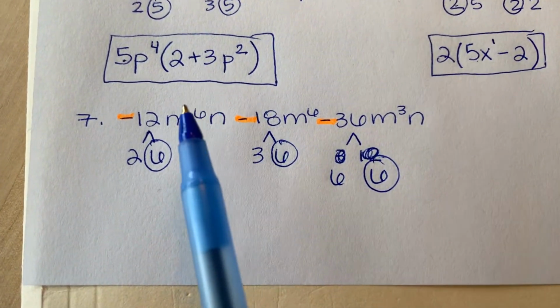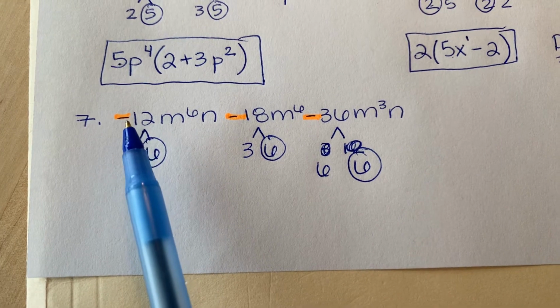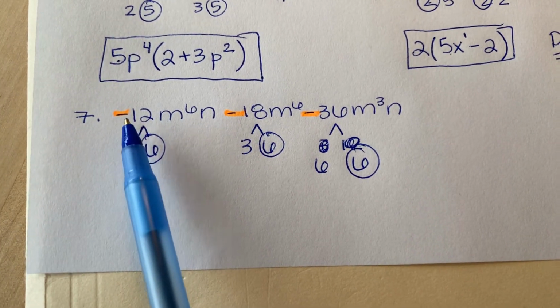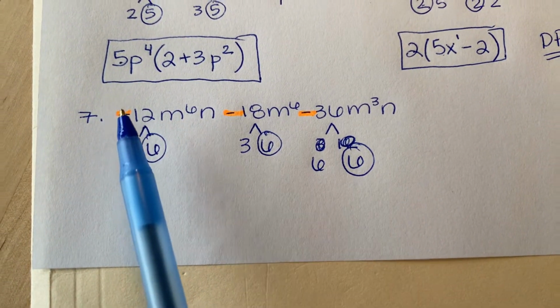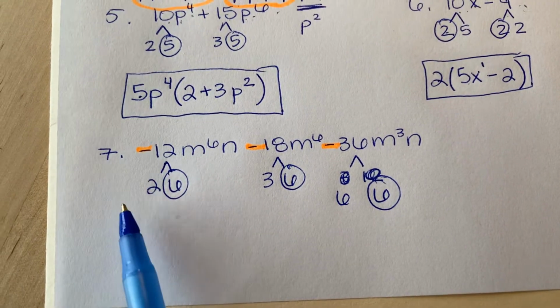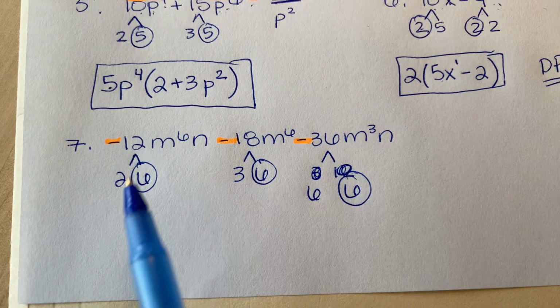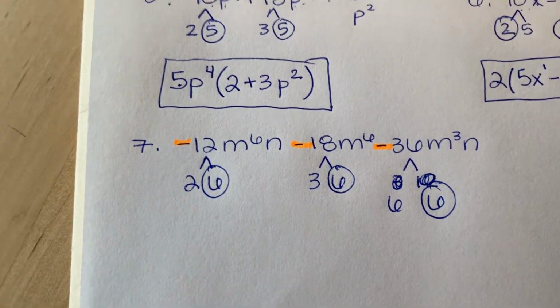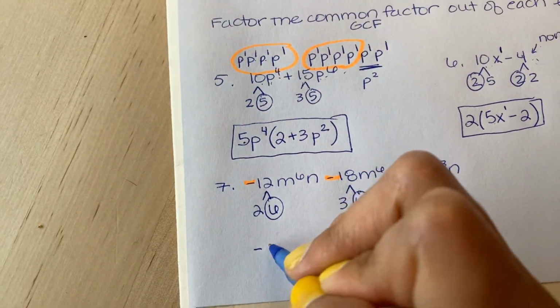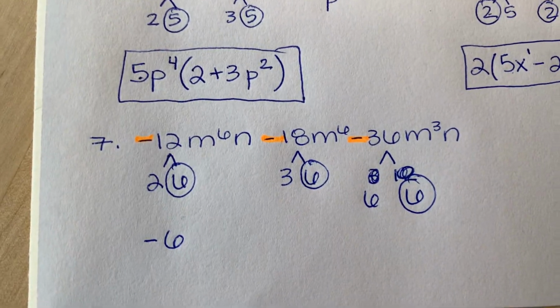But if you recall standard form with linear equations, if the first term is negative, you should always pull that negative out, because in standard form, your leading term should be positive. I don't know if you remember that. Okay, so negative 6 is what I'm pulling out.